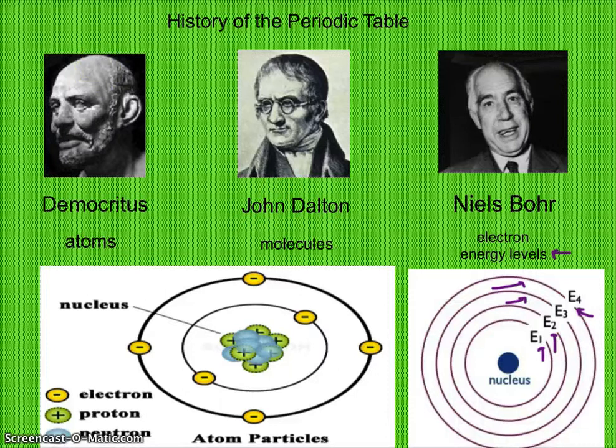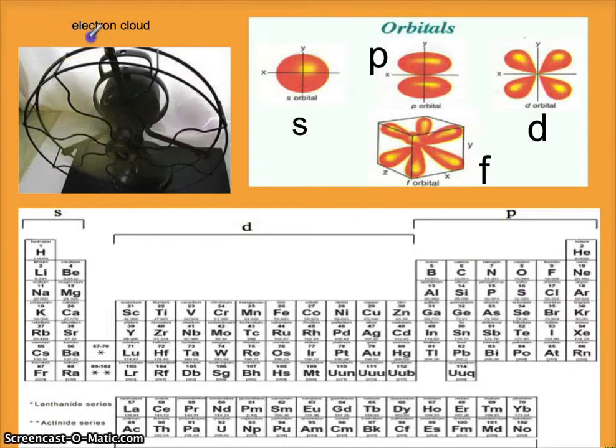We now believe that these electrons that are showing up in both of these diagrams are more like waves. And the term electron cloud kind of comes to mind, and you hear that a lot. Scientists now think that electrons are like fan blades. Here we have a fan, and I don't know if you can see very well or not, but this fan is going, and you can kind of see the faint part of the fan blades right here.